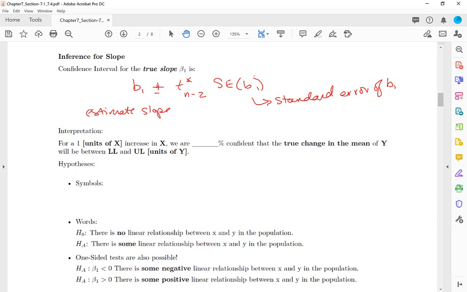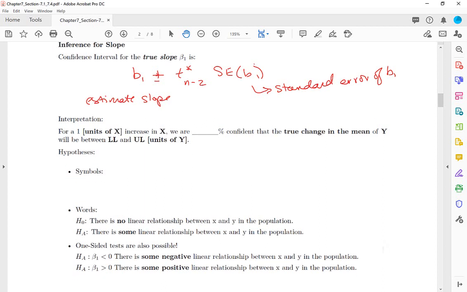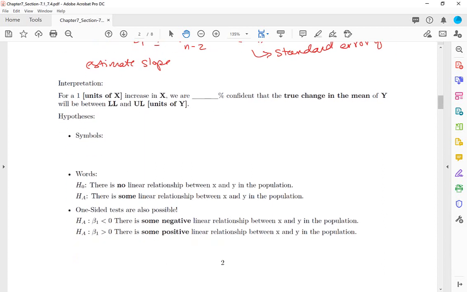For the interpretation of the confidence interval of slope, we're looking at a 1 unit increase in x. We are 95% or X% confident that the true change in the mean of y will be between the lower limit and the upper limit units of y.